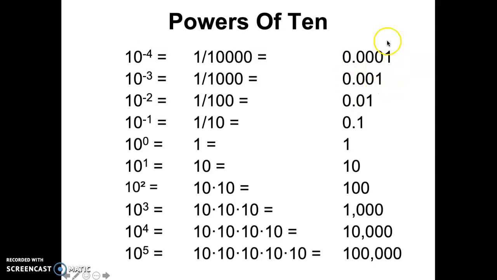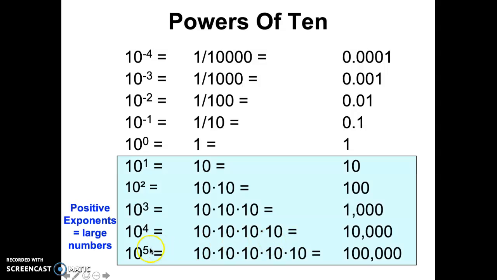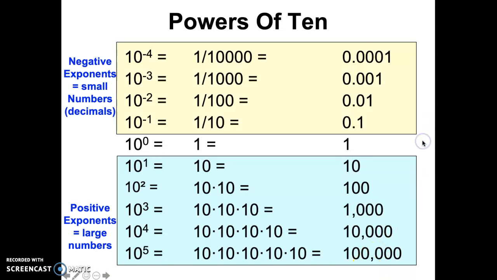So fields like microbiology would deal with these really small numbers, with negative exponents on powers of 10, and maybe astronomy deals with these large numbers, so their exponents on powers of 10 are going to be positive. Positive exponents on your power of 10 equal large numbers. Negative exponents on your powers of 10 equal small numbers, meaning decimals.